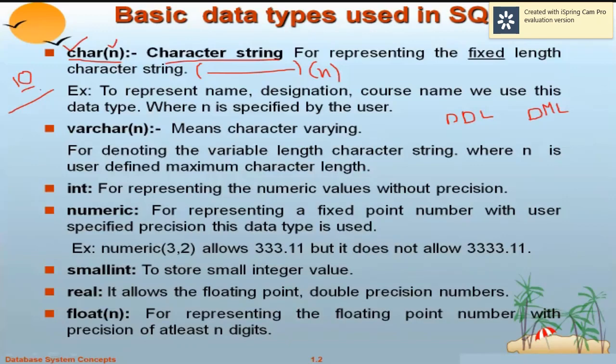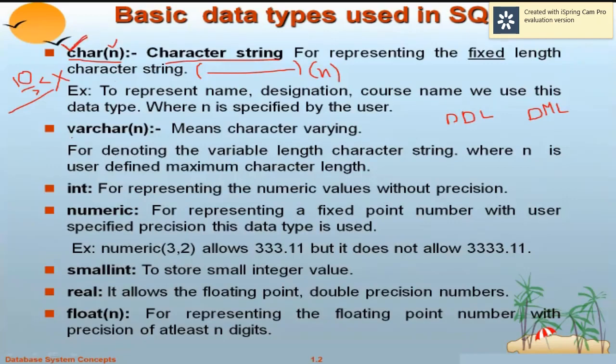It will neither accept a string whose length is less than 10 nor greater than 10. The length of the character should be fixed. If your data is of this nature, then you have to mention the data type as char and in brackets fix the length.